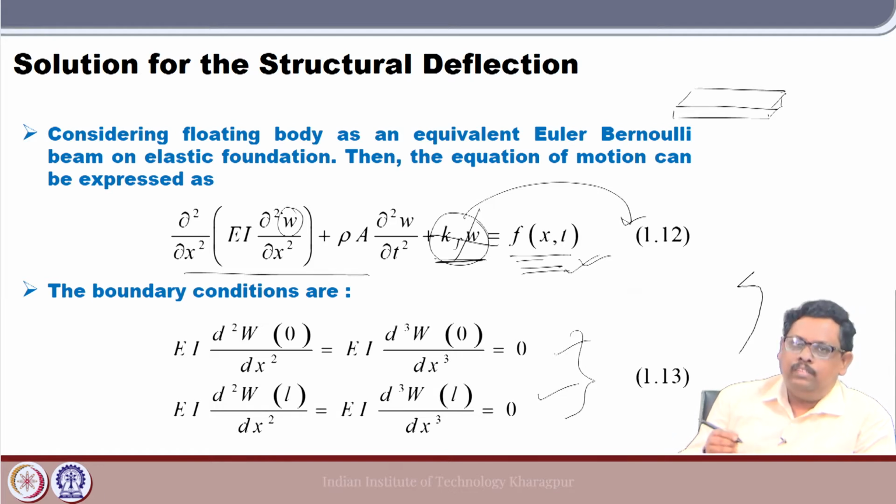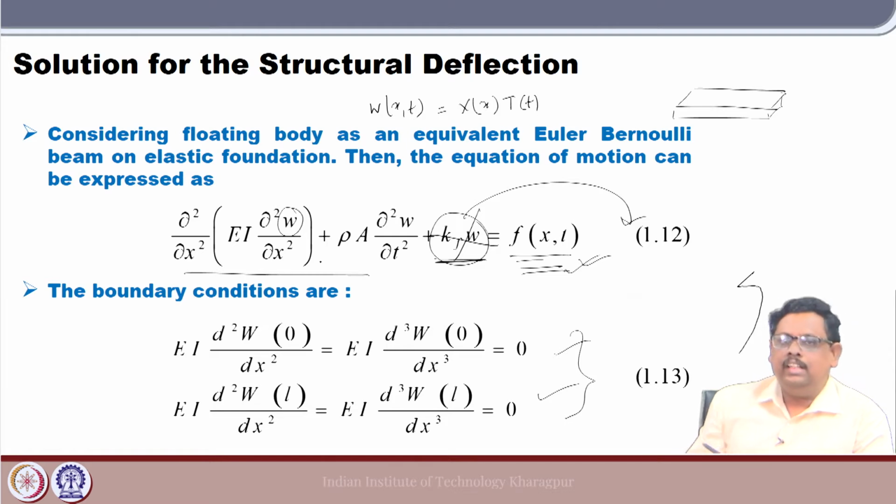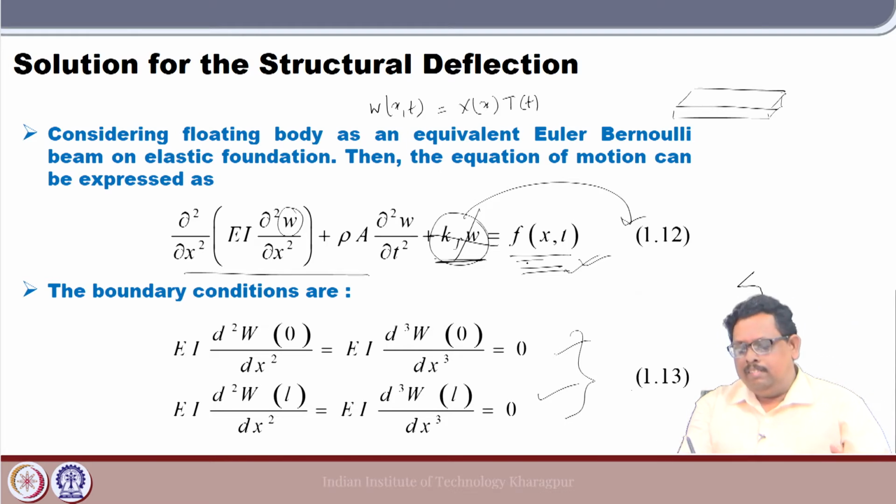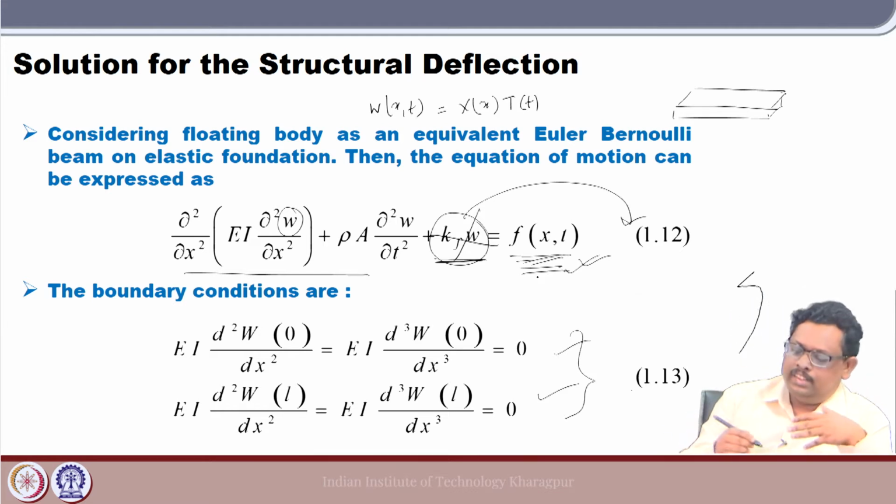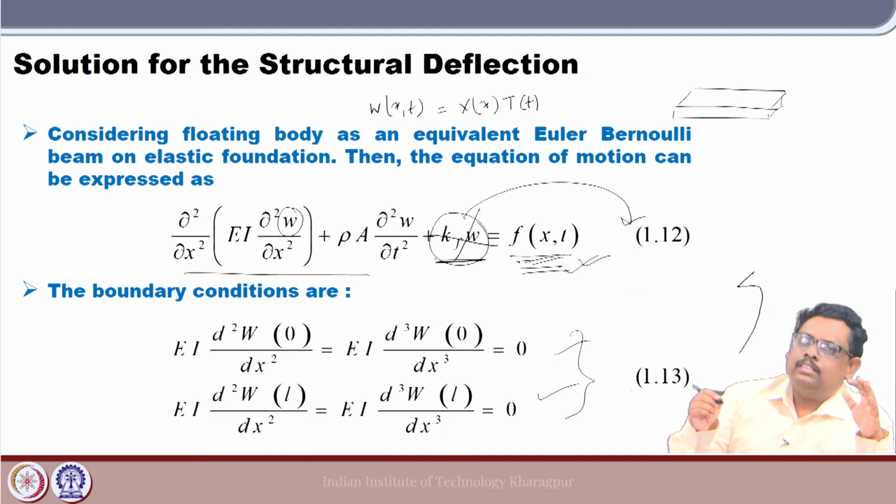The popular way is the separation of variables. For example, you can simply take w(x,t) equal to some function of x times some function of t, and then substitute the whole thing here and solve this problem. Remember, the right hand side also we need to convert into a function of time t only. So this is one way.